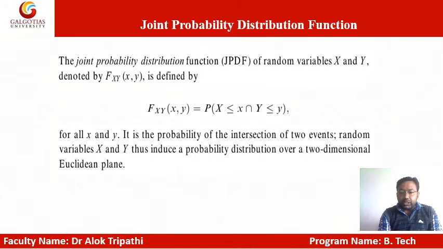Here we are using two-dimensional random variables, therefore we have written the probability when capital X is less than or equal to x intersection capital Y is less than or equal to small y, for all x and y. It is the probability of the intersection of two events. Random variables X and Y thus induce a probability distribution over a two-dimensional Euclidean space.